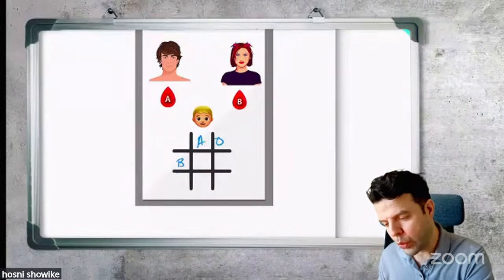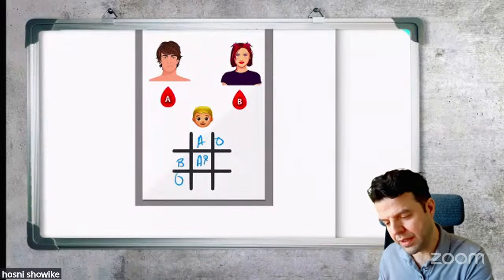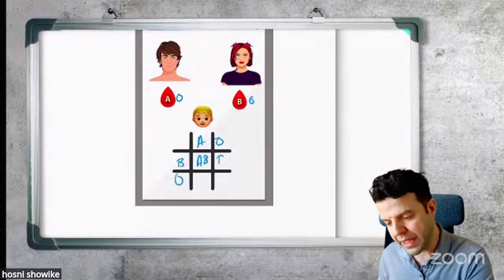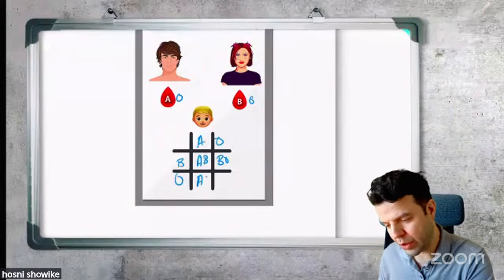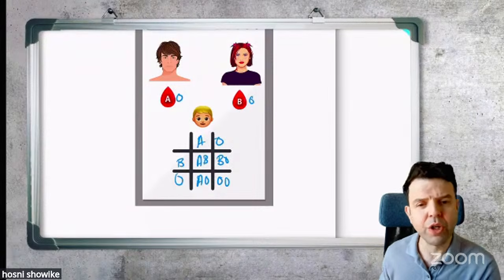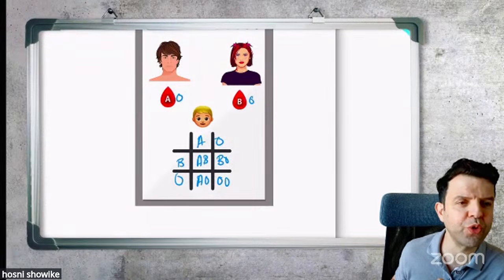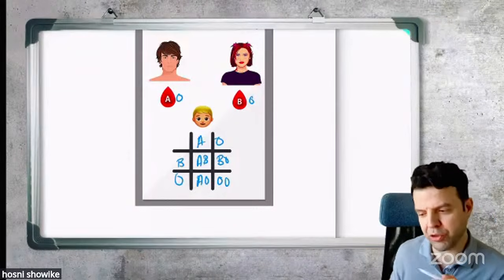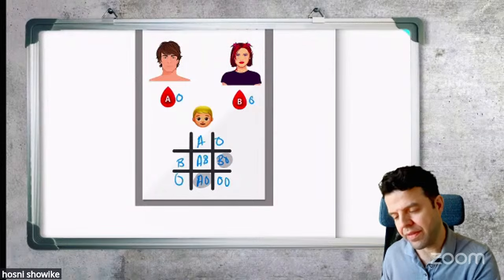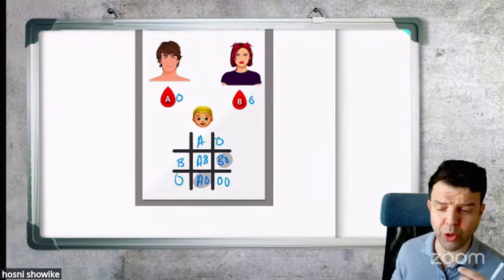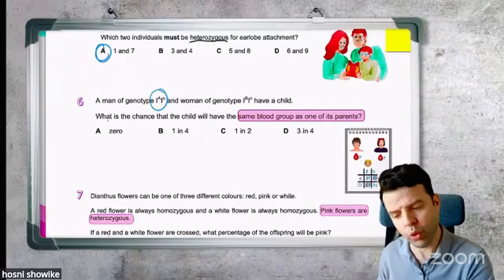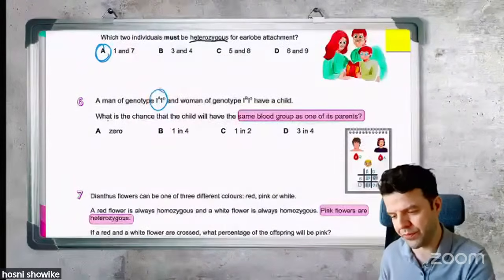AO, BO, so AB, and BO, AO, OO. So look at the Punnett square. How many of those have the same blood group as their parents? It is this and this. 2 out of 4. 2 out of 4 is like 50%, or 1 out of 2. It's the same thing, right?